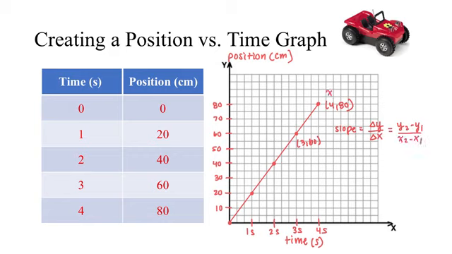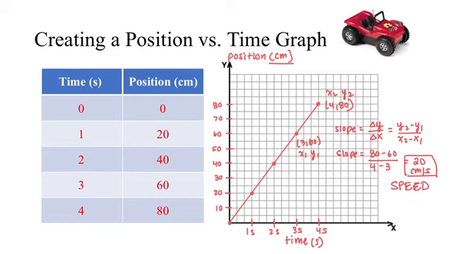I'll go ahead and call this x2 and y2, and this one x1 and y1. So my slope in this case would be 80 minus 60 divided by 4 minus 3, and that would give me 20 centimeters per second. Remember, it's the units of the y over the units of the x. And so again, I know that my slope is the speed of this car.